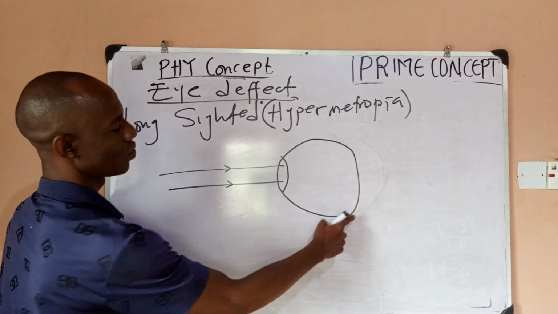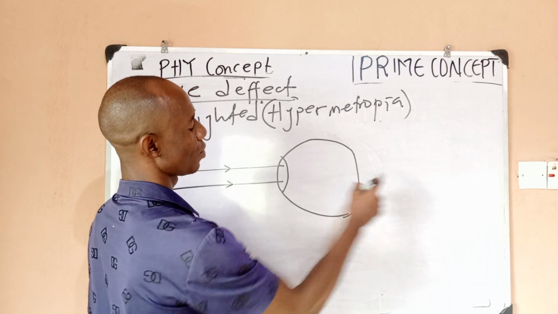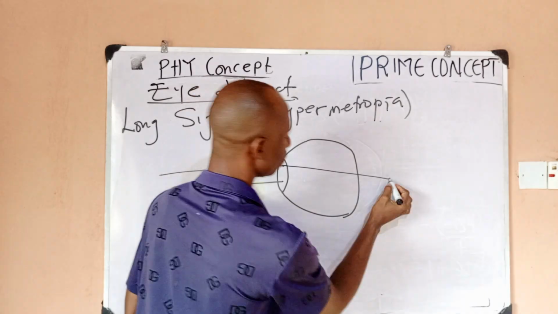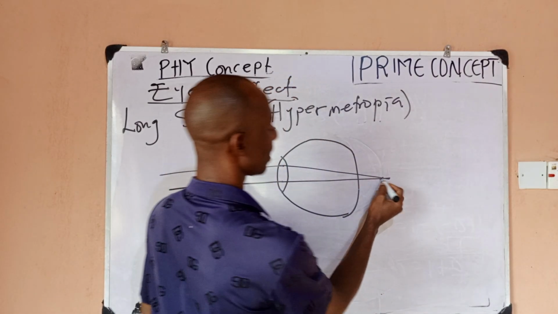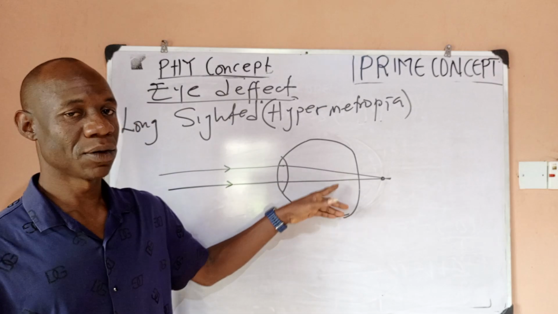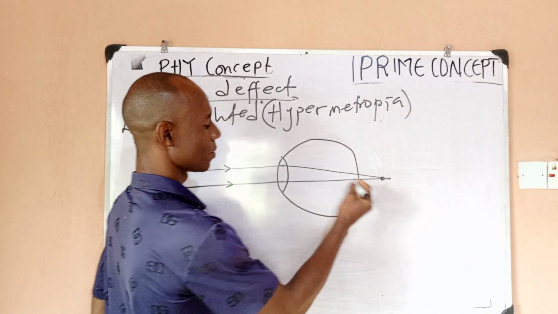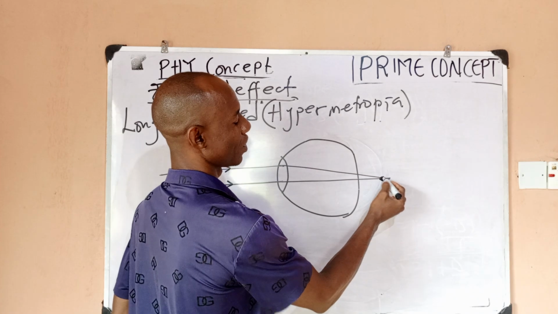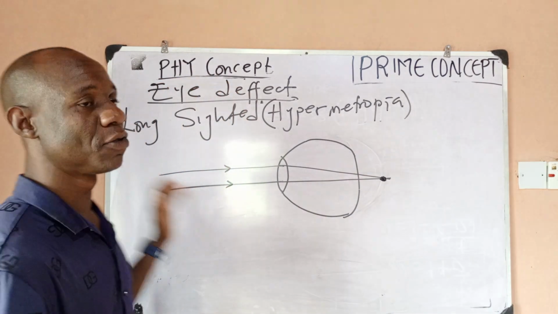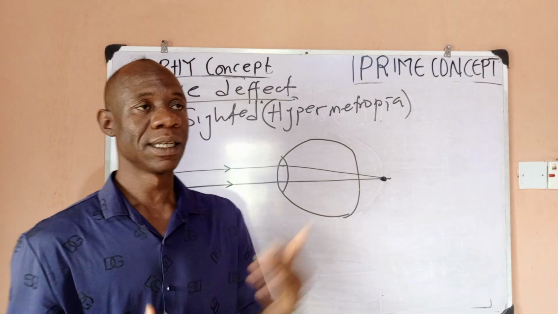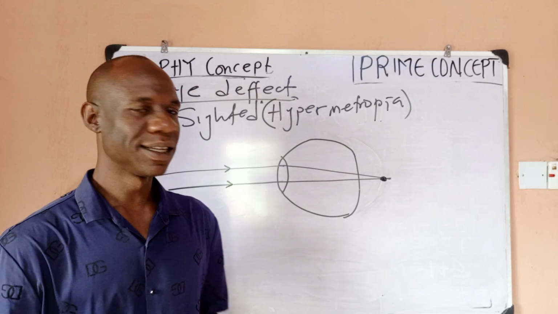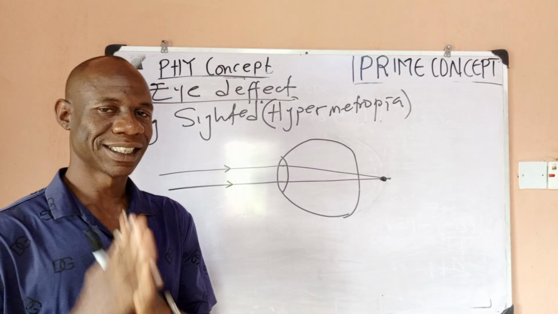Because the eyeball is too short and the focal point is somewhere behind, when rays enter your lens, they would converge. You can see they are converging at a point behind the retina. Since this point of convergence is not on the retina, when this person is trying to view something close to the eyes, not very far, the person will see it blurred. It won't be clear to that person. Then you say the person is long-sighted.